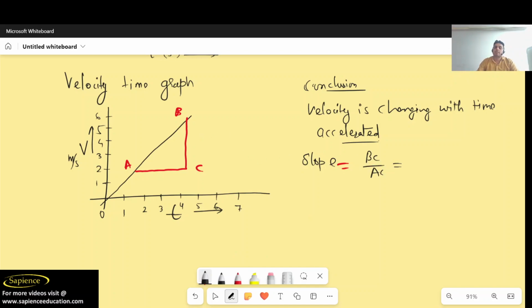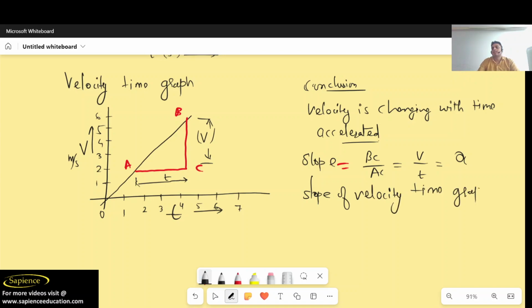BC is your velocity, the physical quantity shown by BC is velocity, and the physical quantity shown by AC is time. So BC by AC is velocity by time, and velocity by time is your acceleration. So what conclusion have we drawn? The slope of the velocity time graph indicates acceleration.